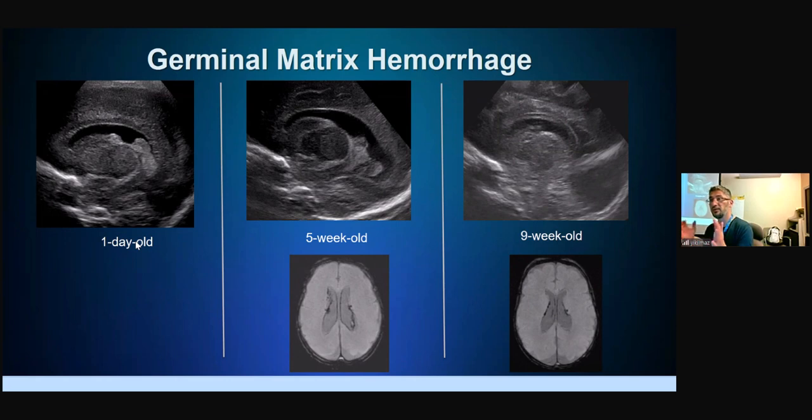Most of the time, when we say there is no hemorrhage, if you do an MRI, usually you see some hemorrhage. So we are usually not seeing much on the ultrasound. We are undercalling most of the time. As you can see here, we should be calling more often these irregularities as hemorrhage.